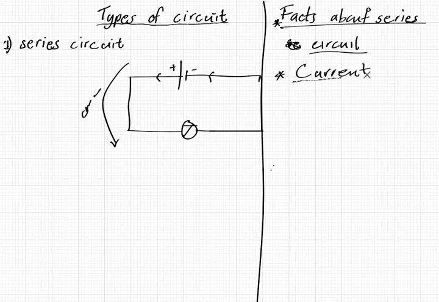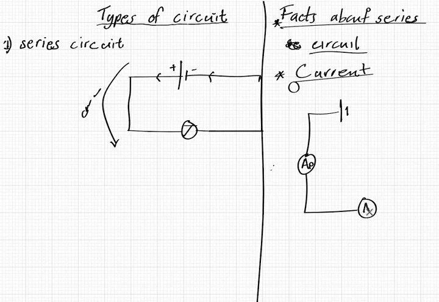So if we have a circuit like this, we're going to have ammeter 1 and ammeter 2.